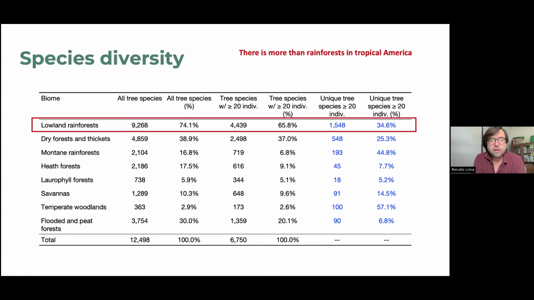Other biomes combined can have as many species as the rainforests. We have a big contribution from dry forests, mountain forests, and other biomes in Latin America that, combined, can host as many species as the rainforests. And this has really important implications in terms of species conservation in the region. Next slide, please, Jerome.